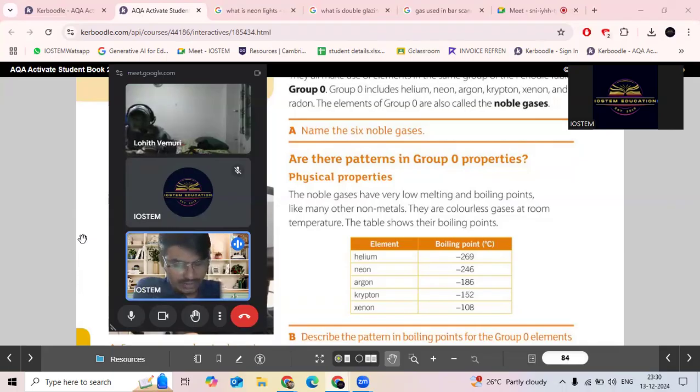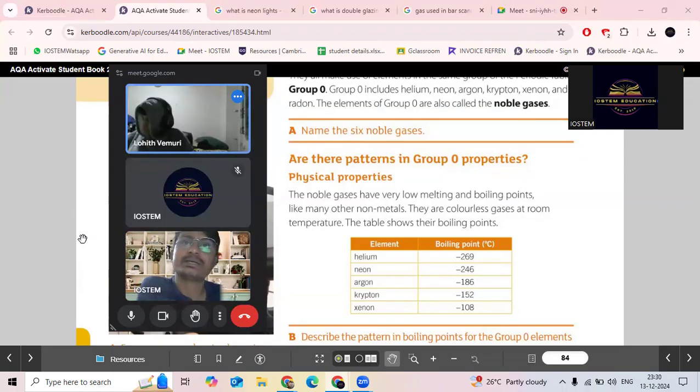If you want to write the values of boiling point, it is minus 269 degrees Celsius for helium. The melting point is even lower than that. Noble gases' melting points are very low. You can now imagine the melting point, right?